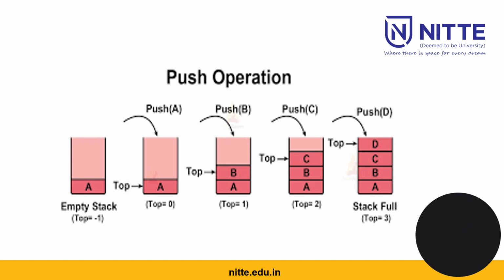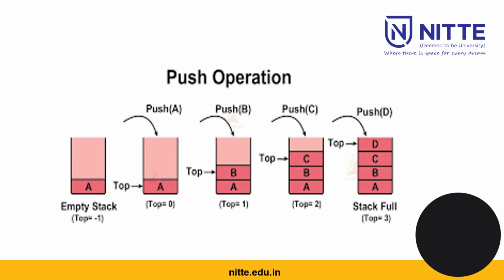When I push an element into the stack, that is the element A, and I give it as input to the push operation, the push operation will push that element into the stack. Then the element will go to the bottom of the stack and get stored there. Then the top will get incremented from -1 to 0. That means the top will point to the 0th position.